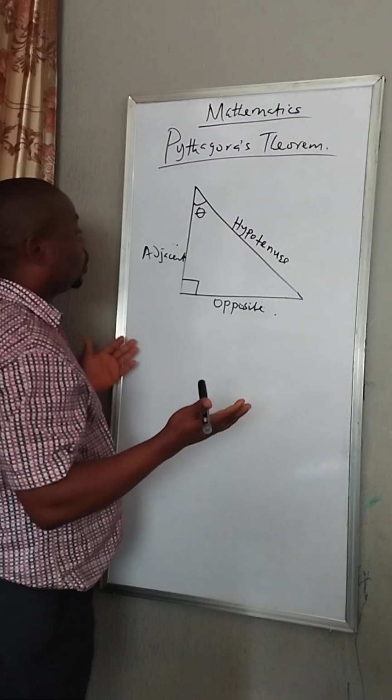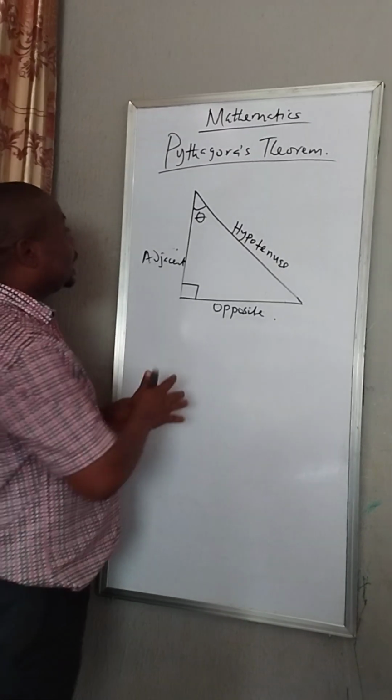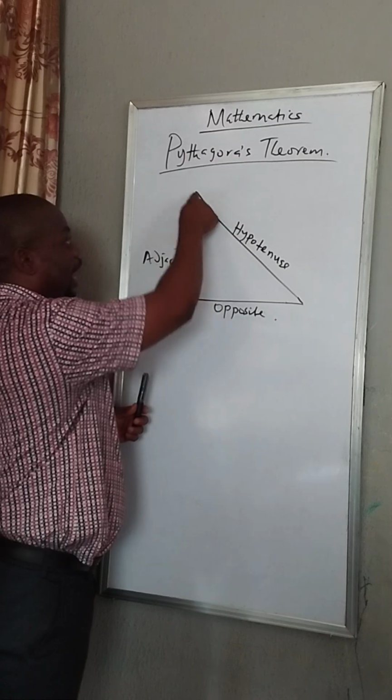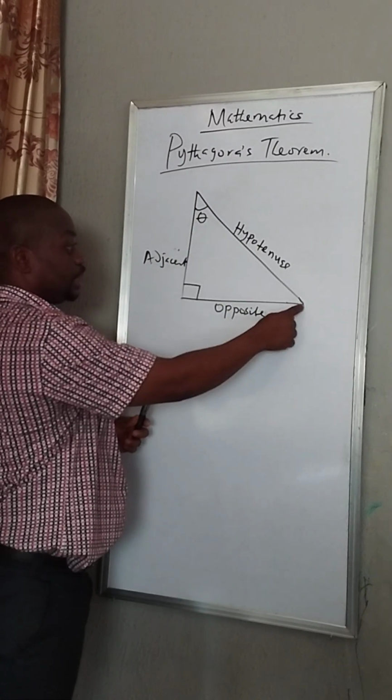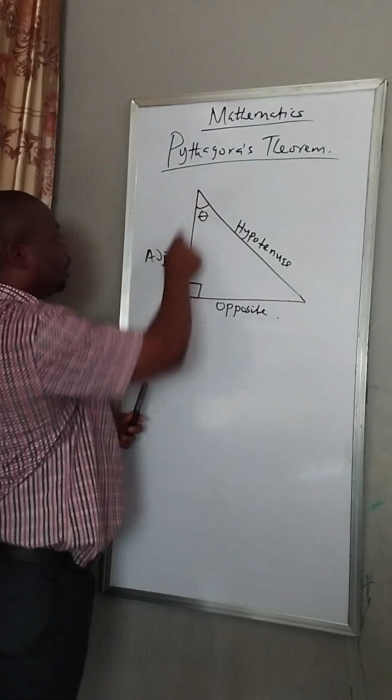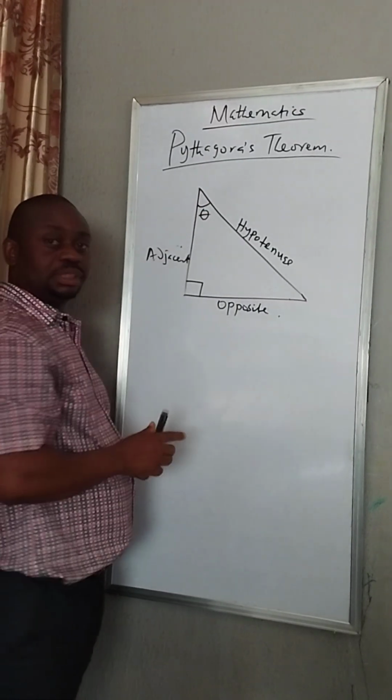So what is Pythagoras theorem trying to tell us? It's telling us that the hypotenuse squared is equal to the sum of the squares of the adjacent and the opposite.